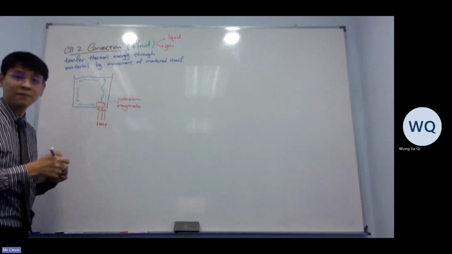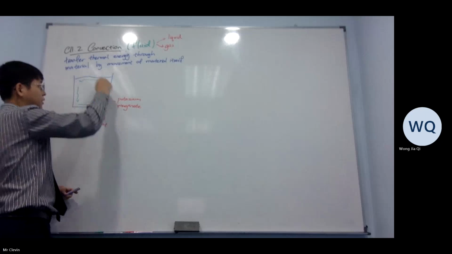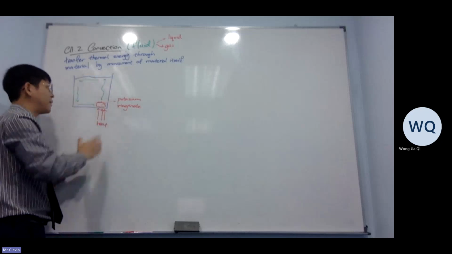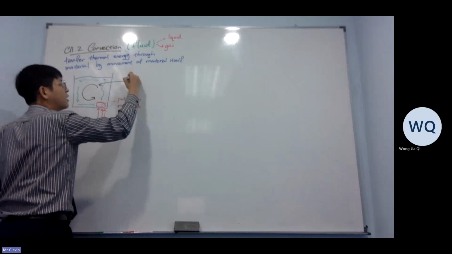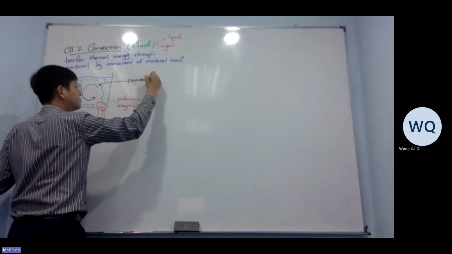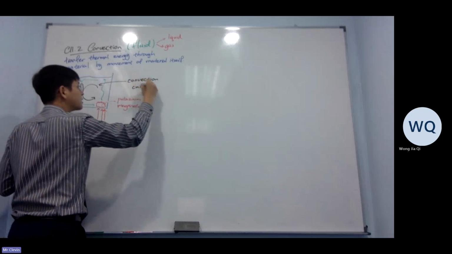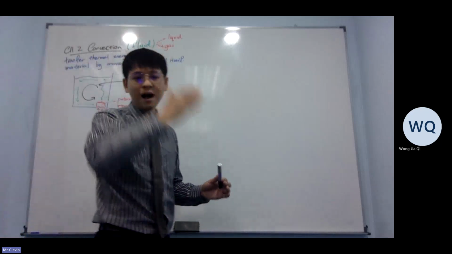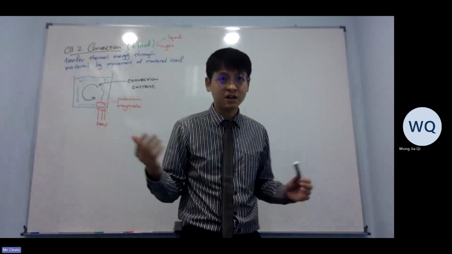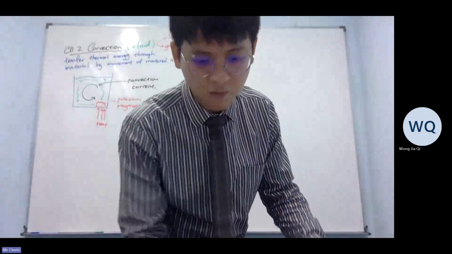When it goes like this, this is what we call a convection current. A convection current shows how the entire convection flows.